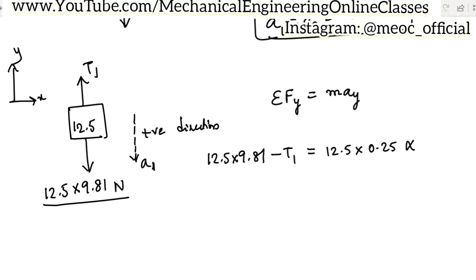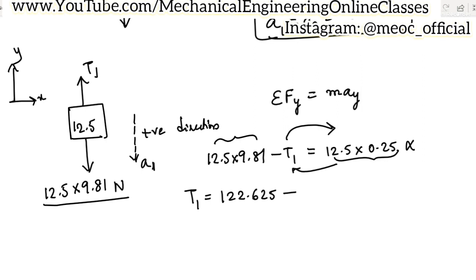So this can be written as T1 is equal to, sending this to the right hand side, 12.5 into 9.81, which comes out to be 122.625. Now this is brought onto the LHS, so this becomes minus 12.5 into 0.25, which is 3.125 alpha. So let this be equation number 1.